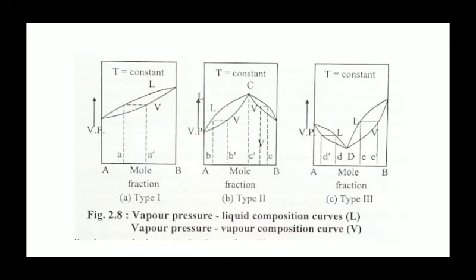The liquid of composition small d is in equilibrium with vapor of composition small a dash, and in comparison with D, point a dash lies closer to A. Also, mixtures between D and B have vapor richer in B than the solution phase. In comparison with e, the point e dash lies closer to B.